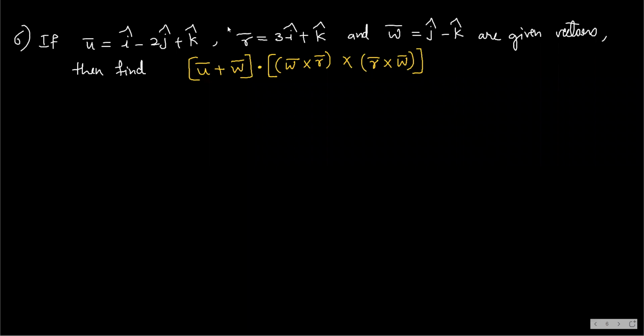Because I have U bar plus W bar, which is a vector. Then you have a dot product of this vector with the cross of these two. Vector cross vector is a vector.